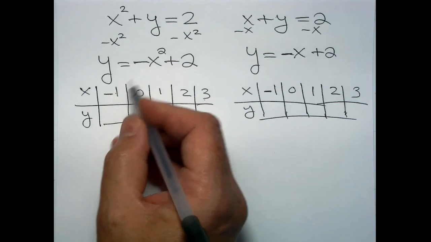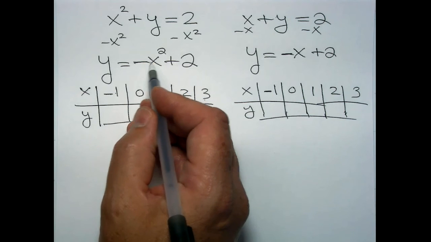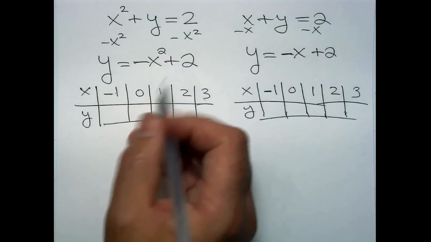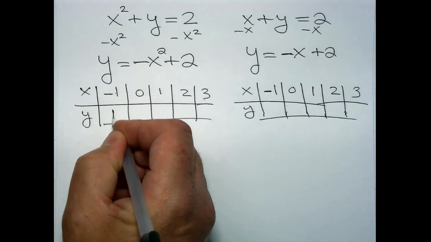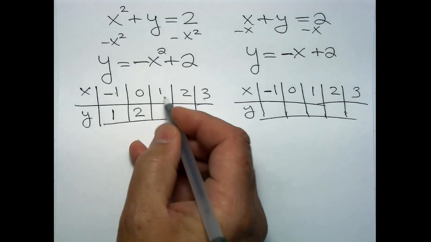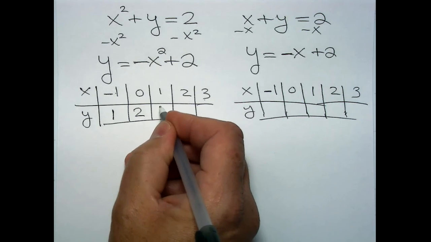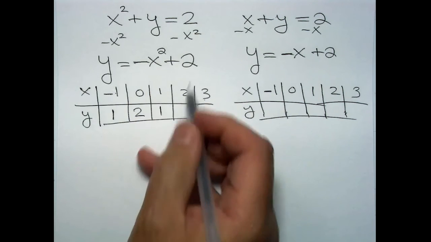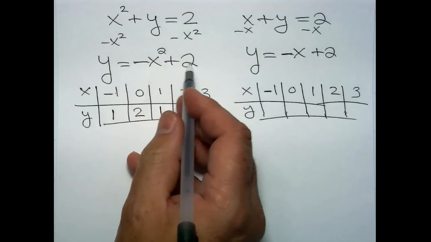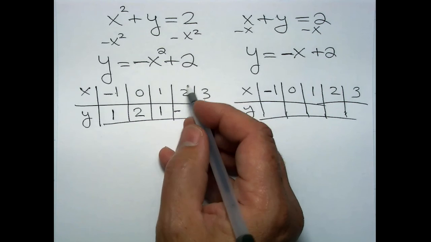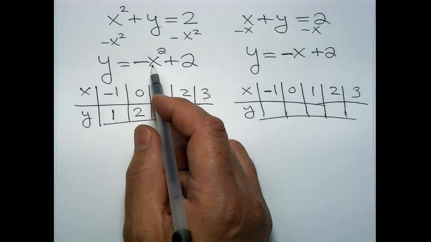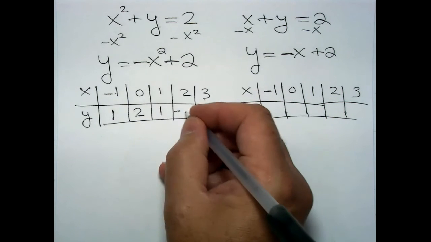Let's plug this in. Negative 1 squared is 1. Negative 1 plus 2 is going to be 1. 0, that's 2. I get another 1 here. Now I put 2 in, and I get 2 minus 4, let's see, 2 squared is 4, so we get negative 2.